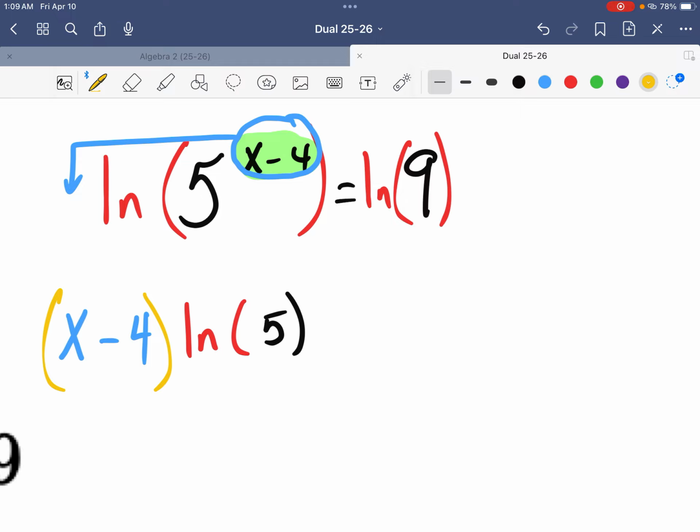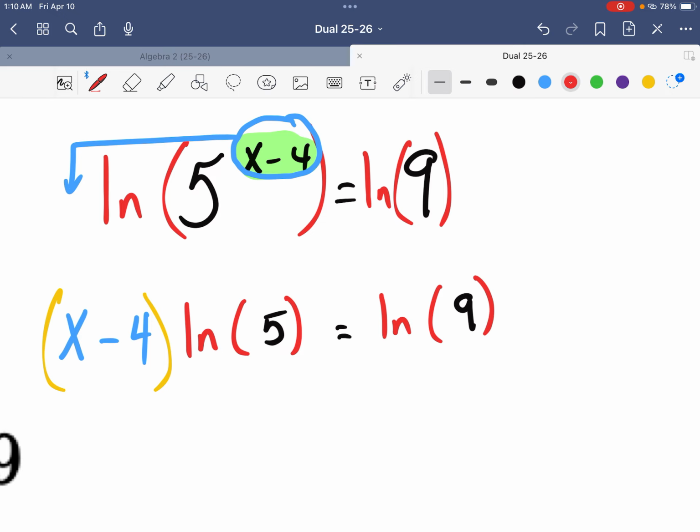As long as you know that they're two different entities, okay? x minus 4 is by itself times ln 5. And then what do I have on the right side? On the right side, I have equals the ln of 9. So just to recap, all I've done is taken the ln of both sides, and then I brought down the x minus 4. That's the point, again, of log.